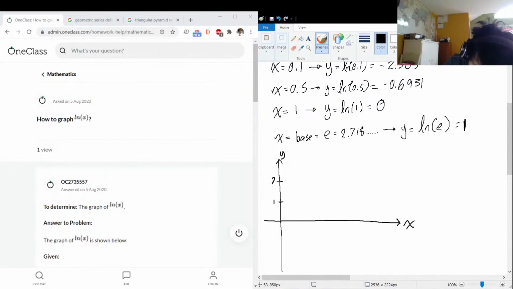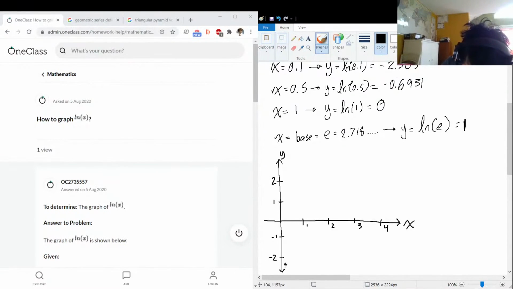1, 2, -1, -2, on and on. Here we have 1, 2, 3, 4. Okay, so we basically just want to fill in our points of interest. So we know at x equals 0.1, y equals -2.303.